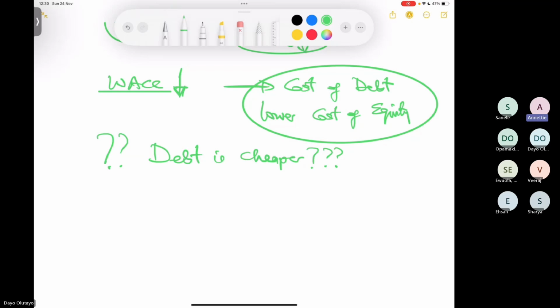There is tax shield on debt than equity. Fantastic. Tax shield on debt. Thank you. Fantastic. One more. That is number one major reason. Very good. Any other one? There's one more from anyone. Yes, very good.